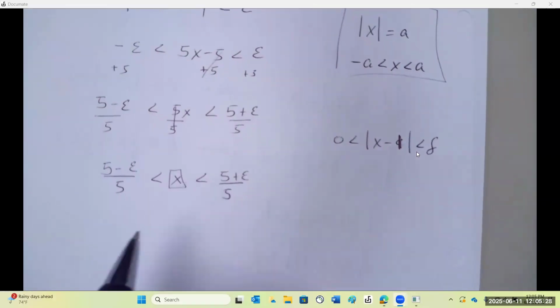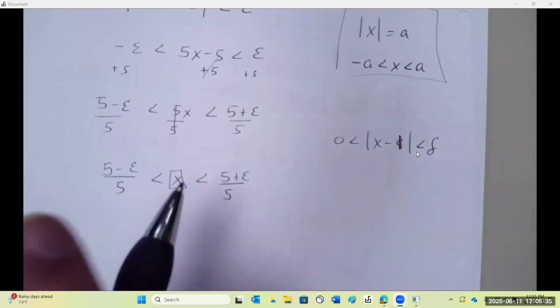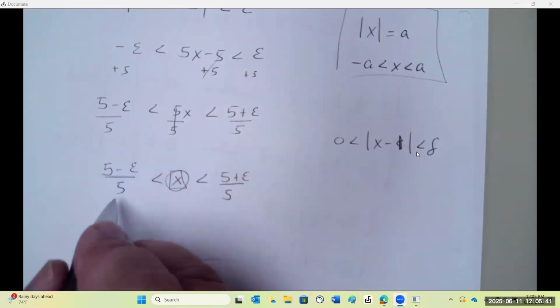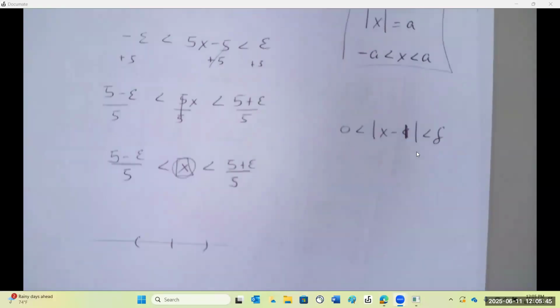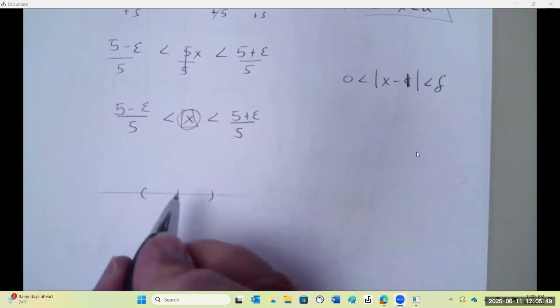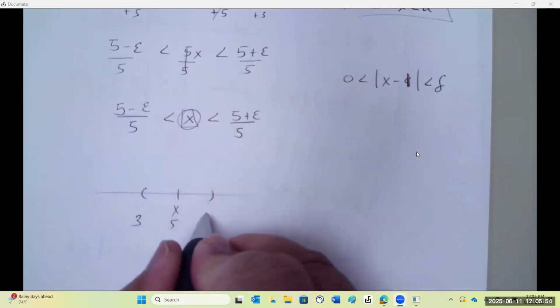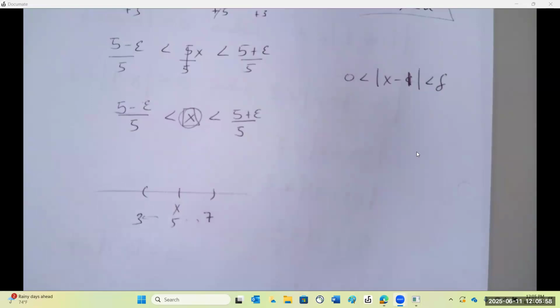So notice that this interval is symmetric. No matter what our x value is, it's going to be 5 minus that divided by 5 or 5 plus that. So it's going to be symmetric. If this is my value x, it's going to be the same distance. And let's say this was 5. It could be 3 here or 7. So I subtract 2 and I add 2.